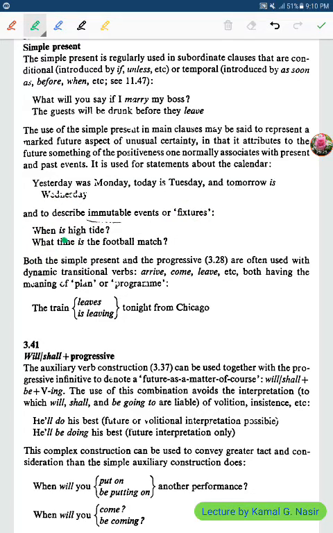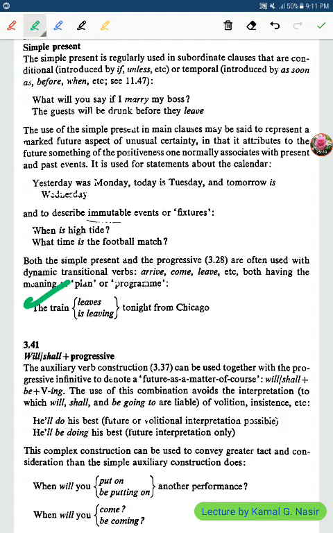Is high tide happening now? No, not now, in the future. But what is the tense here? Present simple. What time is the football match? This is about the future also.